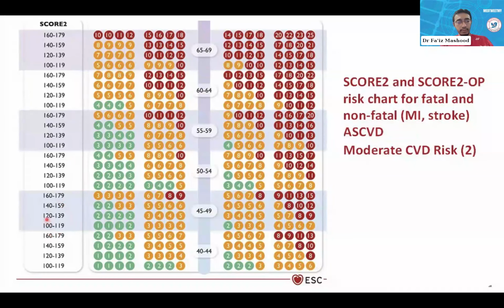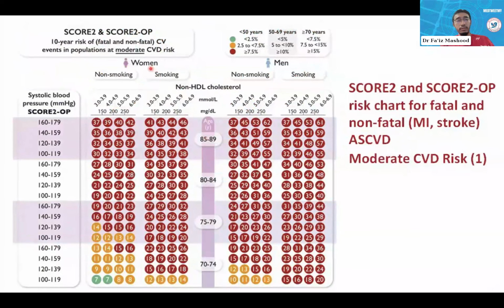We need the blood pressure, and we need the age, all right? And at the same time, we need gender, smoking status and the non-HDL cholesterol as well. And from there, we risk-stratify our patients, and then we follow the algorithm. Either we need to offer our individual certain tests, or we can defer tests, etc.